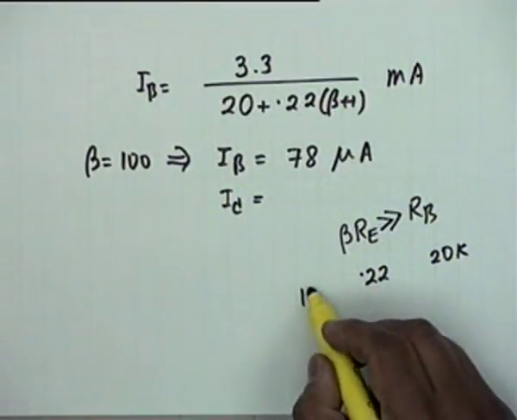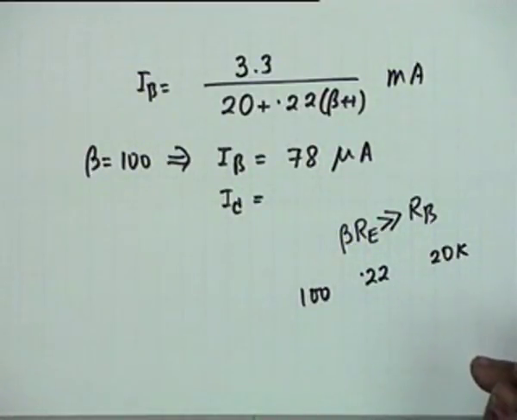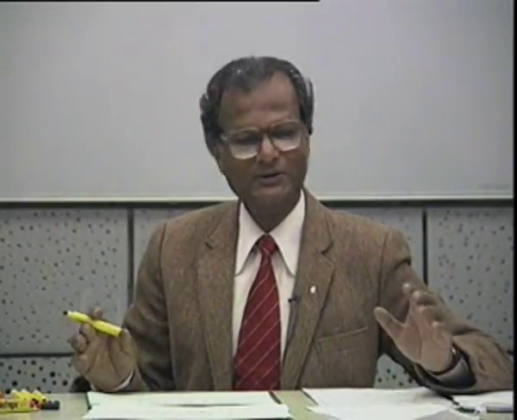So if beta is 100, then you get 22, which is not very large compared to 20. Alright. If it is 300, even that is not that much large. 60, not much greater. So Q point is not adequately stabilized.